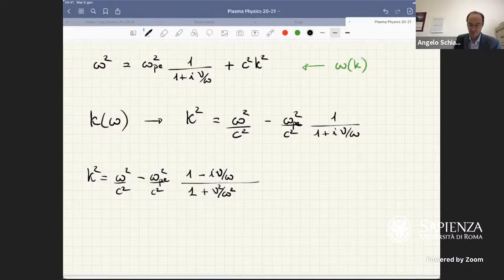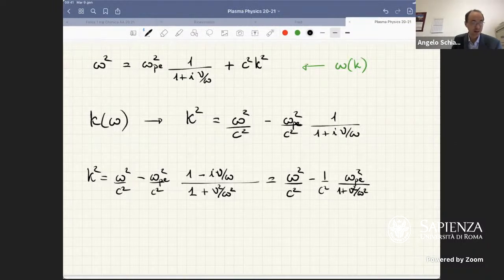Now we have a real part and a pure imaginary part. We can separate them, and we say, let's put all the real part together. We have omega squared over c squared minus 1 over c squared omega e squared divided by 1 plus mu squared over omega squared.